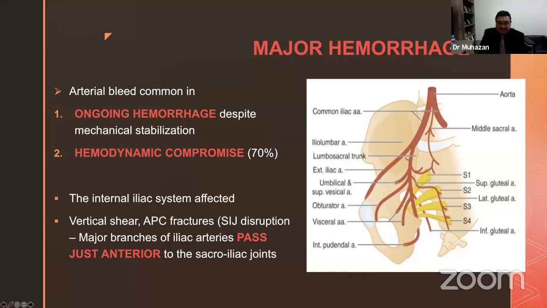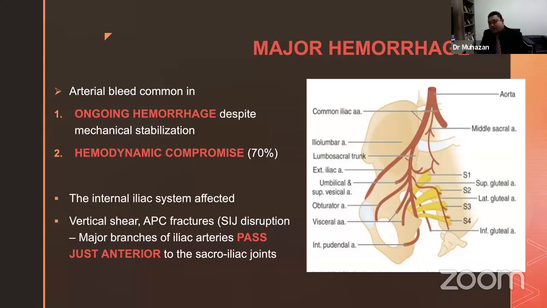All right. And just now we were talking about the SI joint disruption. I mentioned it a few times. Now, one might wonder, why are we so focused on the SI joint disruption? This is the reason why. If you look at the SI joint, just anterior to the SI joint is where all the major arteries pass through.